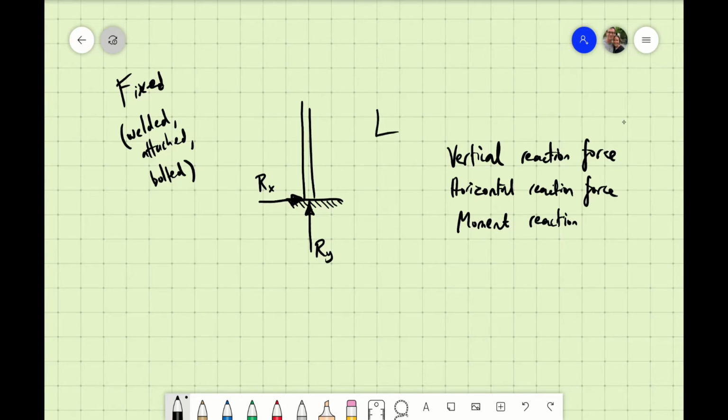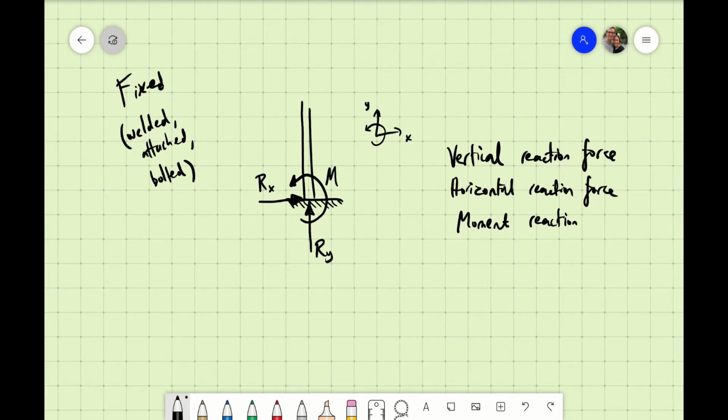Now, I'm going to go with standard sign convention. Those are all the standard positive directions. So I'm just going to draw this. I don't know what I'll call it. I'm just going to call it M for moment.